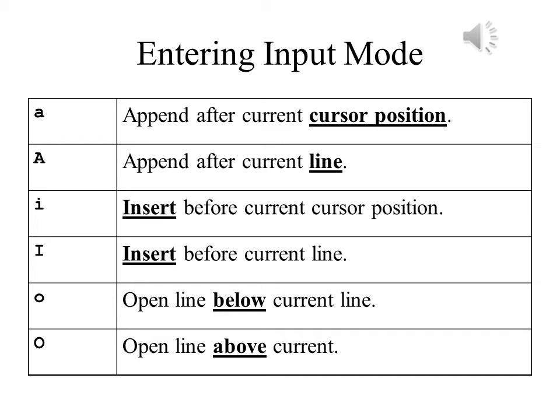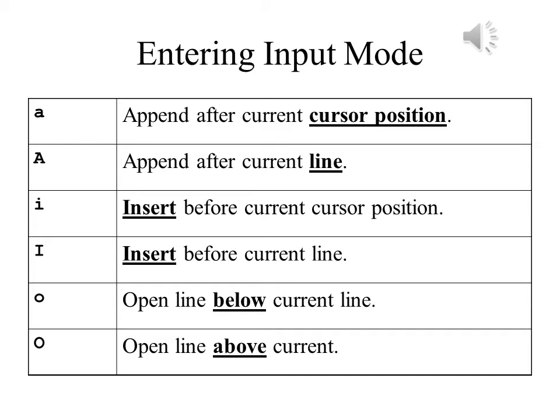If it's lowercase I, it will insert before the current position of the cursor. And again, if the cursor is in the middle of the line, it will begin inserting in the middle of the line in that position before the cursor, with all of the text on that line moving further to the right as you go along.